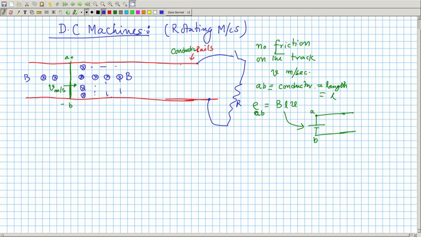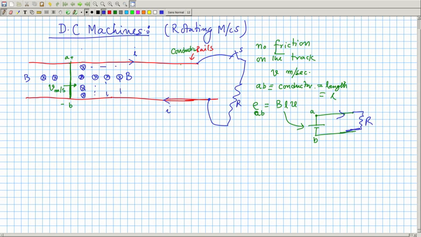So, if you close this switch, across this voltage, which is a battery, a resistance will be connected, and we expect a current will flow like this if the switch is closed. The current path will be, this is the source, it will go and come back.